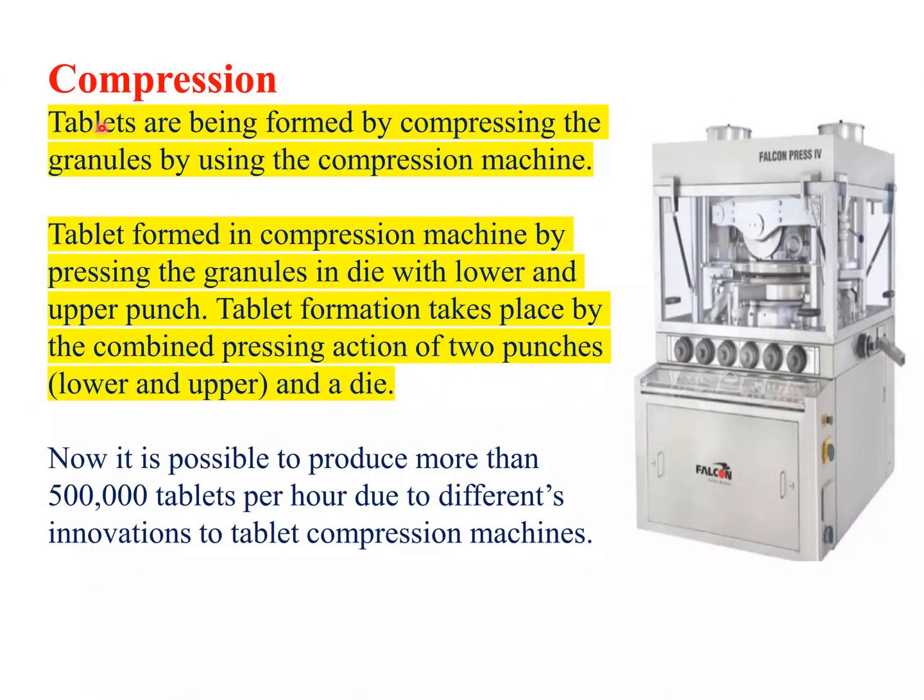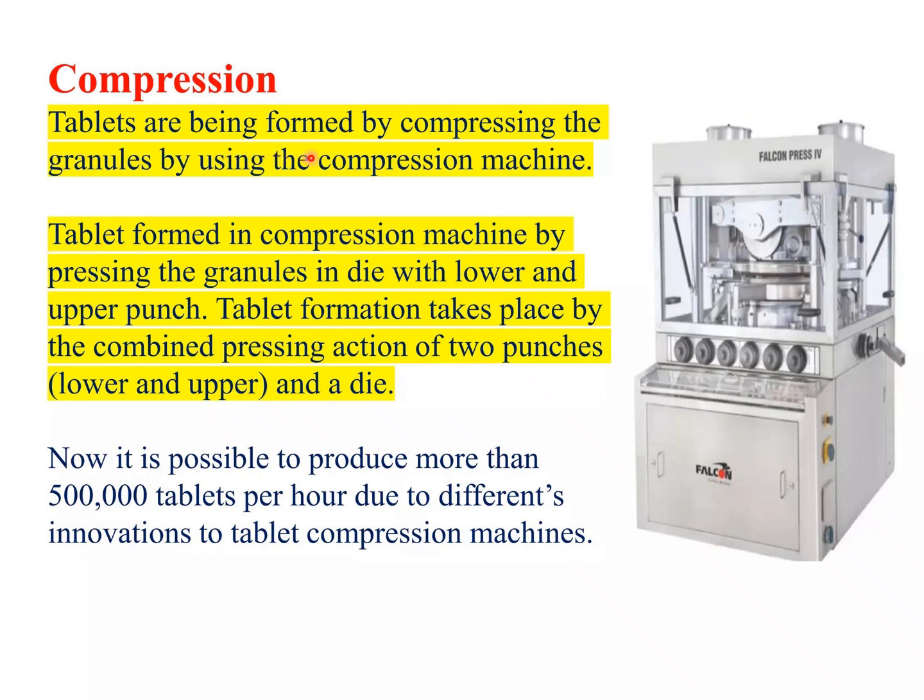So one of the most important processes of tablet manufacturing is compression. This compression makes tablet different from any other dosage form. For example, if we talk about capsule or liquid dosage form, syrup, suppositories, or any other dosage form, these are not compressed. Only tablet dosage form is compressed.